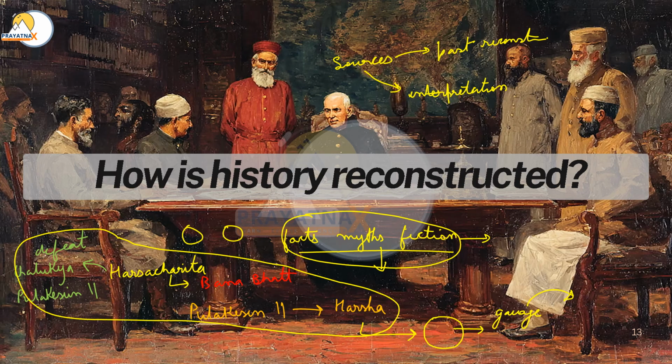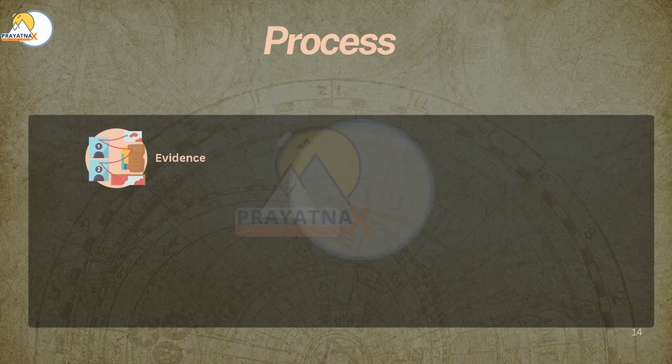Now, if we look at the historical process, it begins with the collection of evidence, which is basically the sources, which we'll be looking at in this video. This may include materials such as artifacts, manuscripts, and inscriptions.